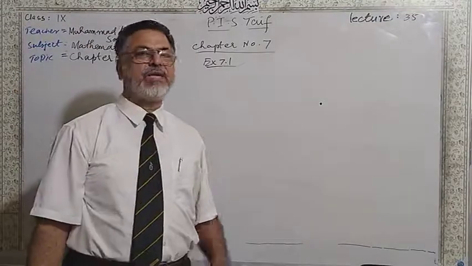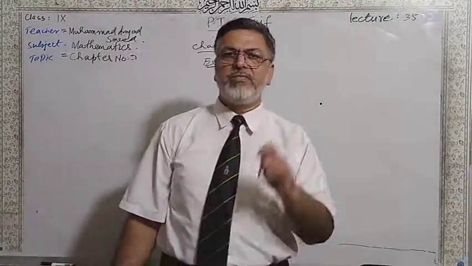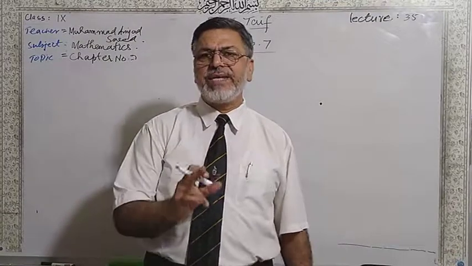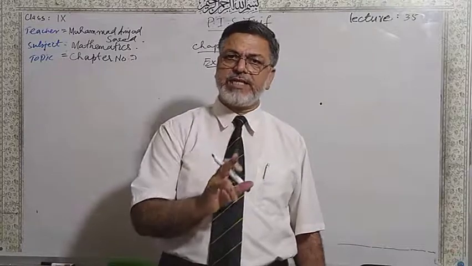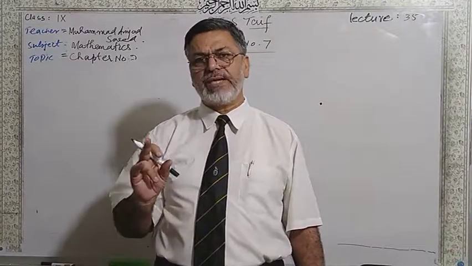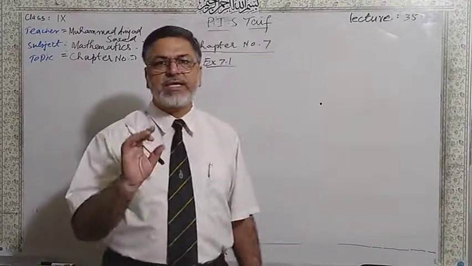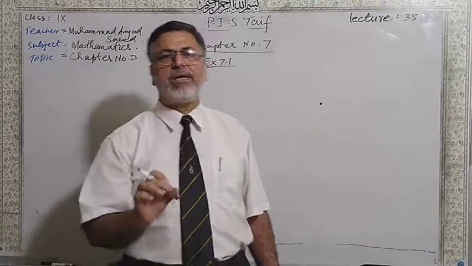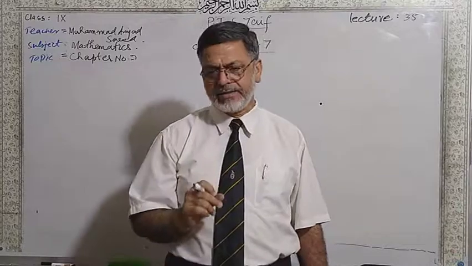That solution, that value of variable, which does not satisfy your given equation. Left hand side is not equal to right hand side for that value of x. That is known as extraneous solution. It will not be part of your solution set.